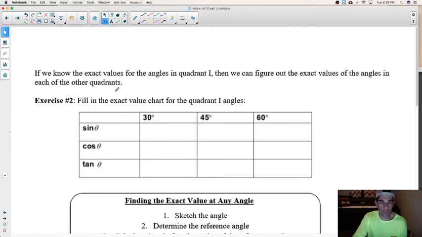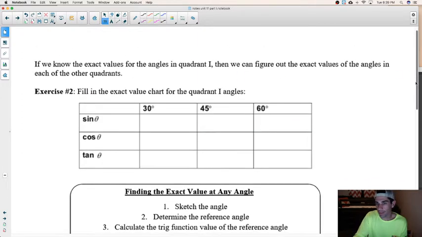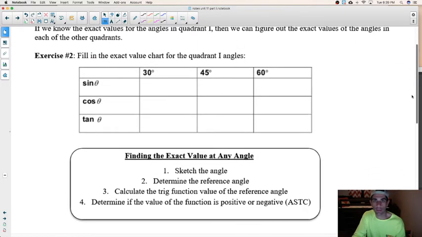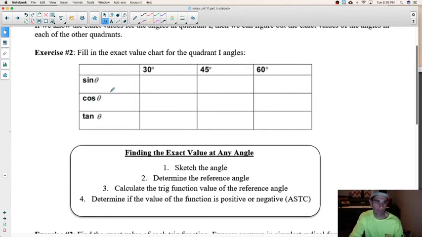Then there's this handy chart, which again, is all tying back into that unit circle. Sine 30, cosine 30, tangent 30. But just actually looking at the individual y over x, here's 1/2. Here's radical 3 over 2. Here's radical 3 over 3.